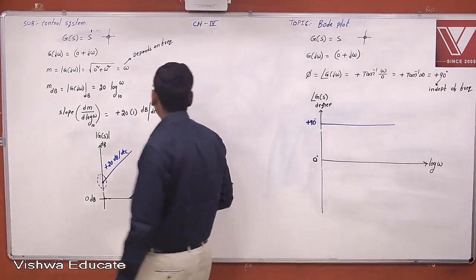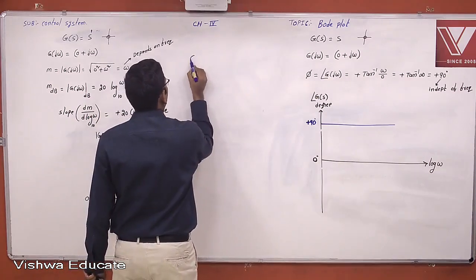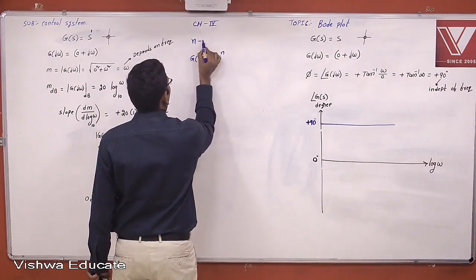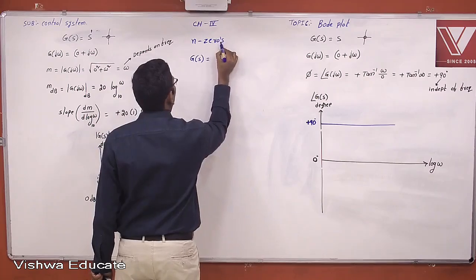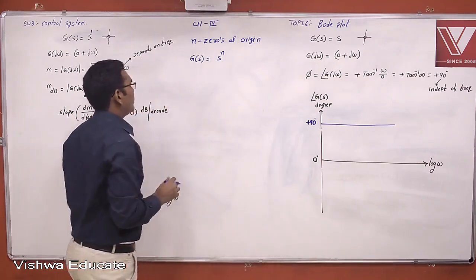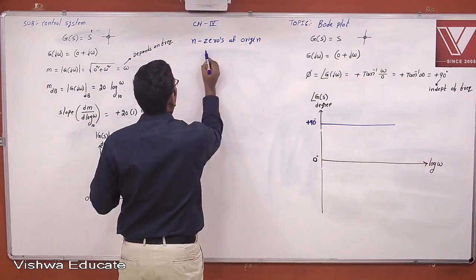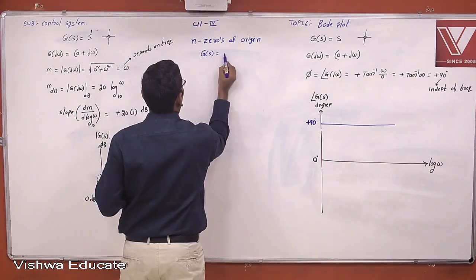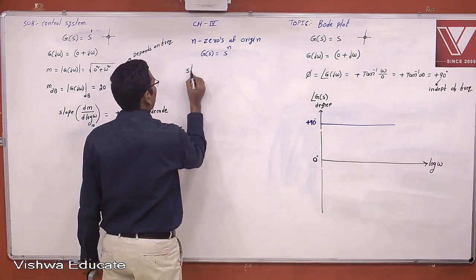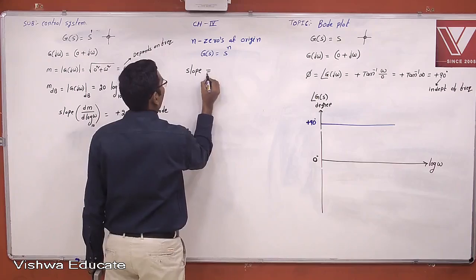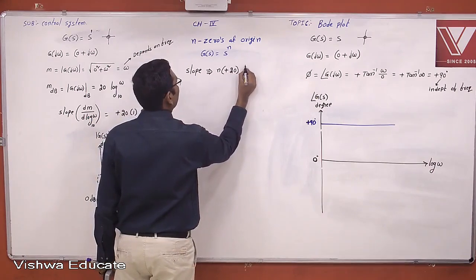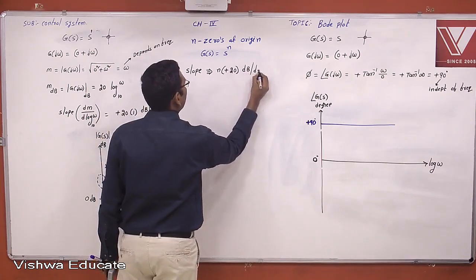So what we can understand here: G of s equal to s power n is nothing but n zeros at origin, and the slope is n into plus 20 dB per decade. Is it right or not?